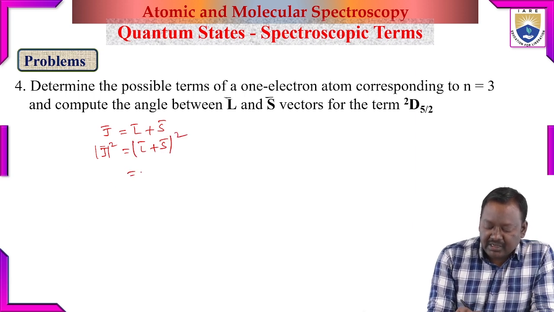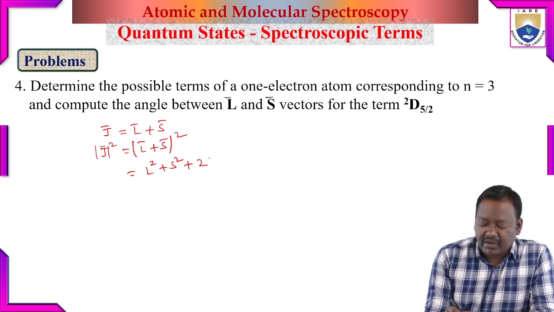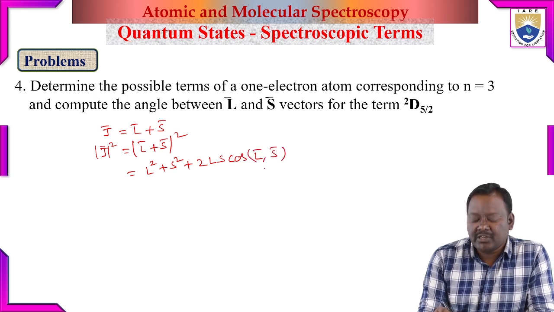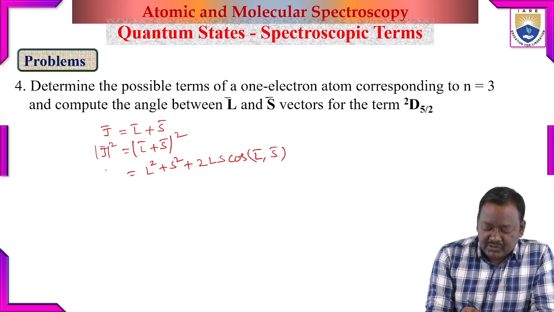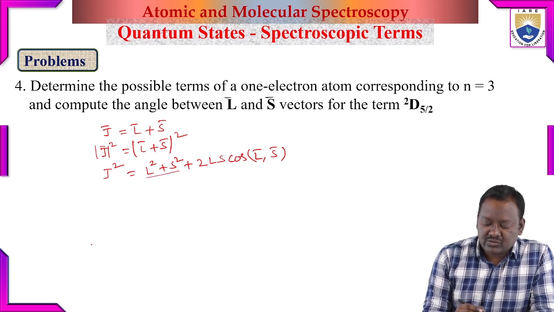Expanding this, we get L square plus S square plus 2 L bar dot S bar, or we can write 2LS cos of the angle between L bar and S bar. That means cos of the angle between the vectors L bar and S bar. So this is the magnitude J square. Bring these two terms to the left side.